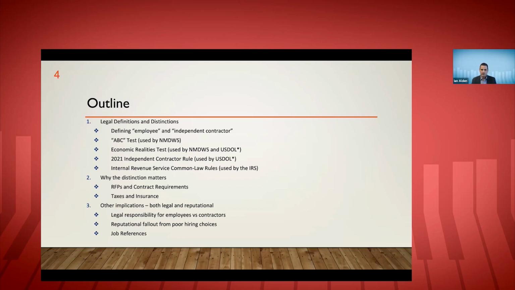There's a lot of interplay, there's a lot of overlap that we'll cover. We'll move on to why this all matters, because I get that question a surprising amount. Why does it even matter whether they're an employee versus an independent contractor? And we're going to talk just briefly about some of the other implications for going in one direction versus the other.